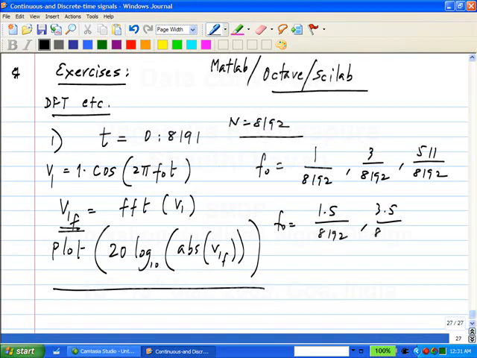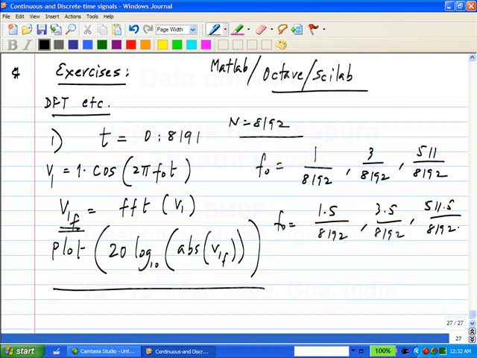So it's a small change in frequency. That's the point, right? But you can see how the FFT behaves and it will become very clear. However much I say here, it's much more obvious when you do it yourself. Okay. So you can try this out.